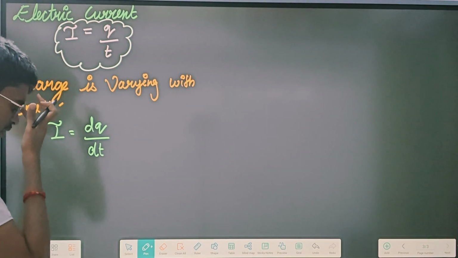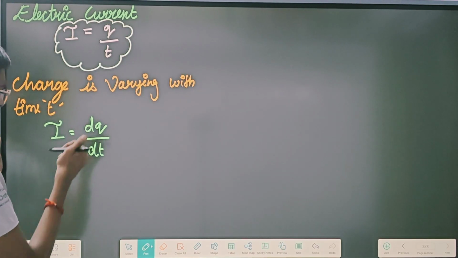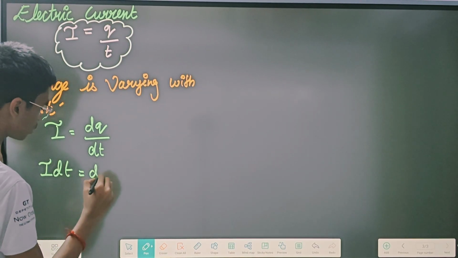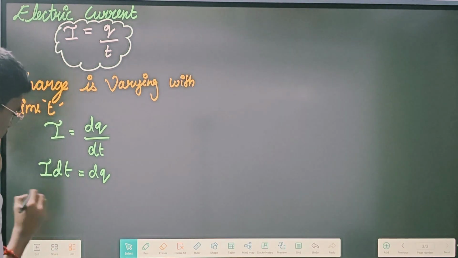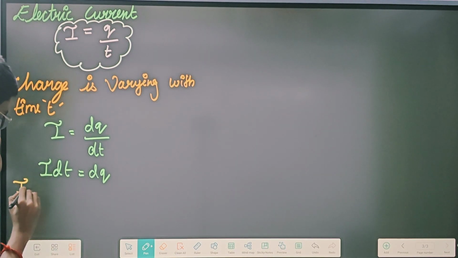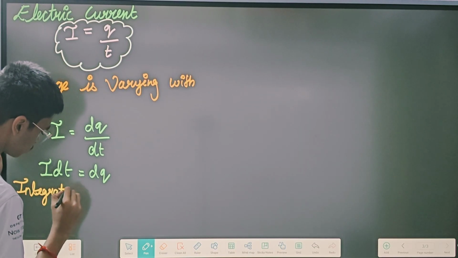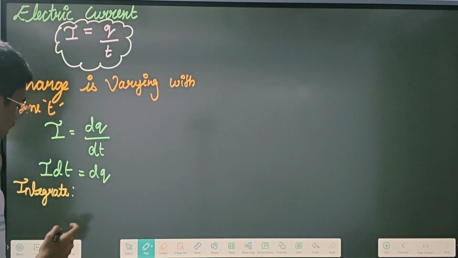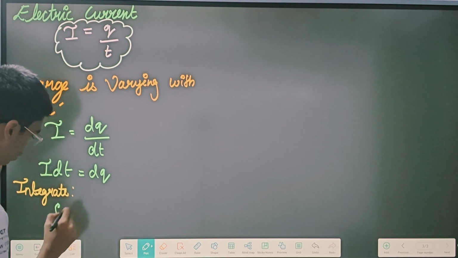The next thing is, if I make dq the subject, that means I dt is equal to dq. Now if I integrate it, this is the integration symbol, we all know that.